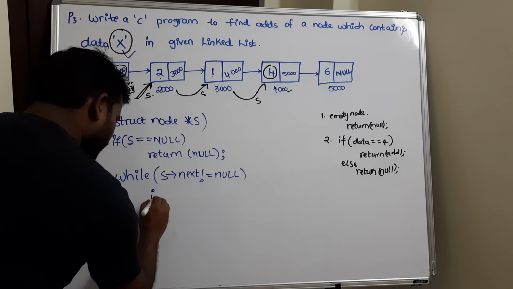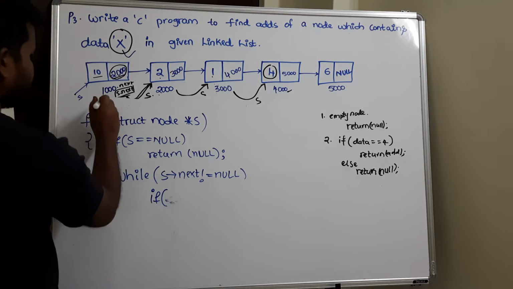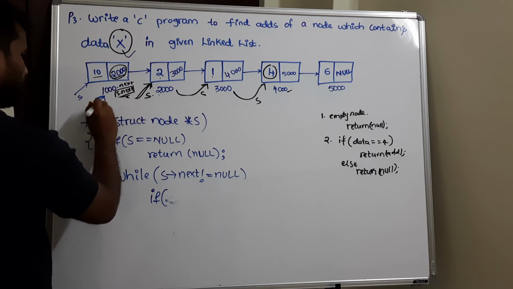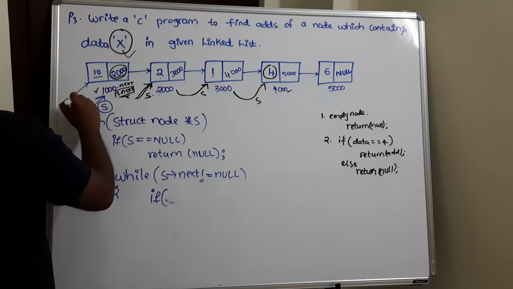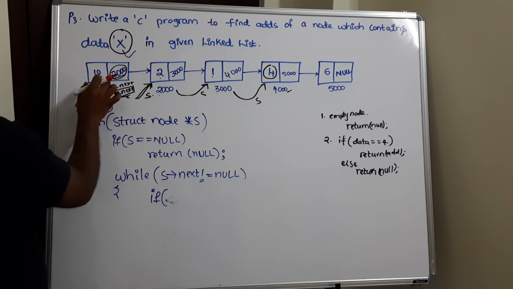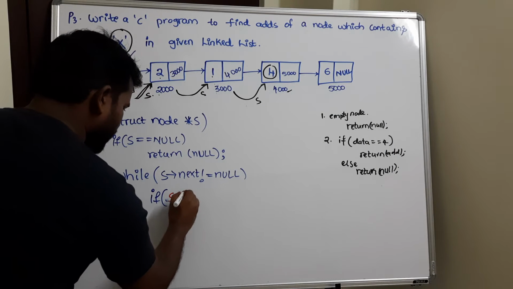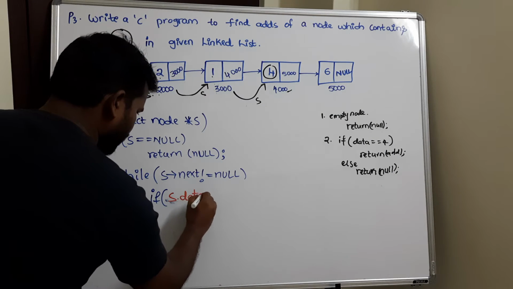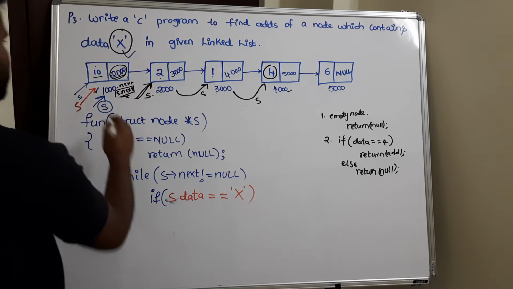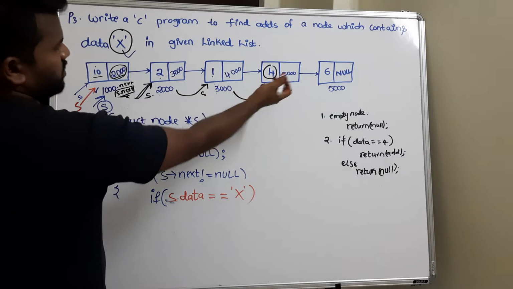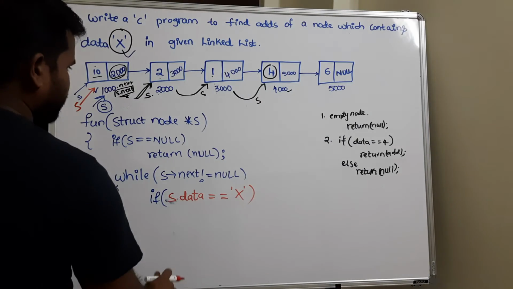If s dot data, so s is here, so we need to consider this particular data. What is that? s dot data equal to x. x might be 10, 1, 4, 6, whatever it is, x. The given value is x, right?